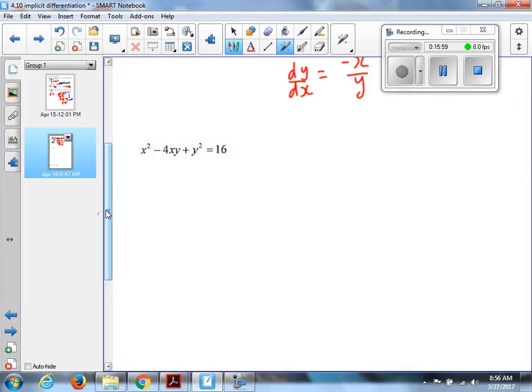how about this? I'm going to switch things up so it stands out a little more. d by dx, x squared, minus. I'm going to put this in here. You've got some choices here, but I'm going to do it like this.